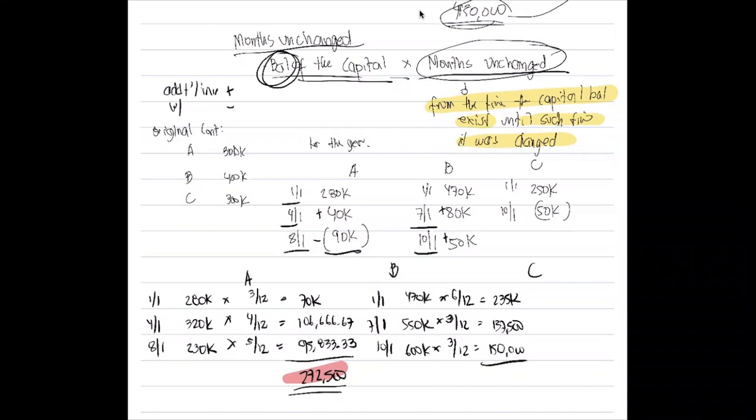Okay? So we get the total. 150,000 plus 235,000 plus 137,500, we have 522,500. Okay? That's for B.